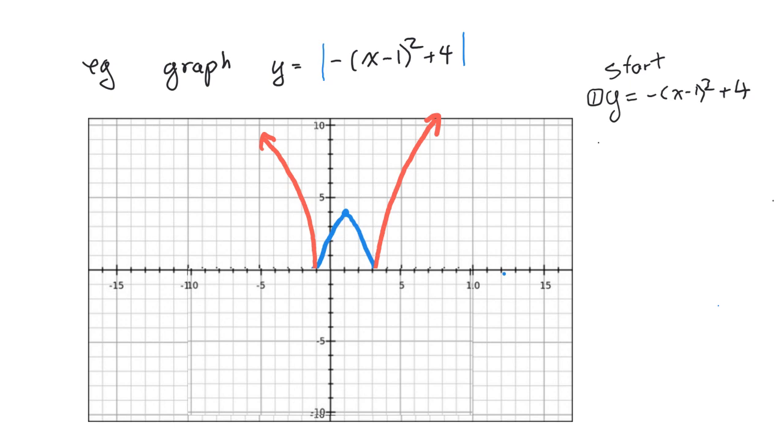So once you're done, the last part is, we always flip the negative parts of the graph to positive. That's it.